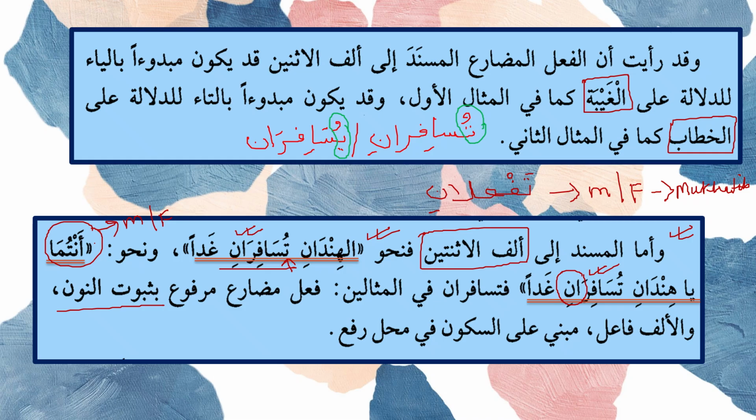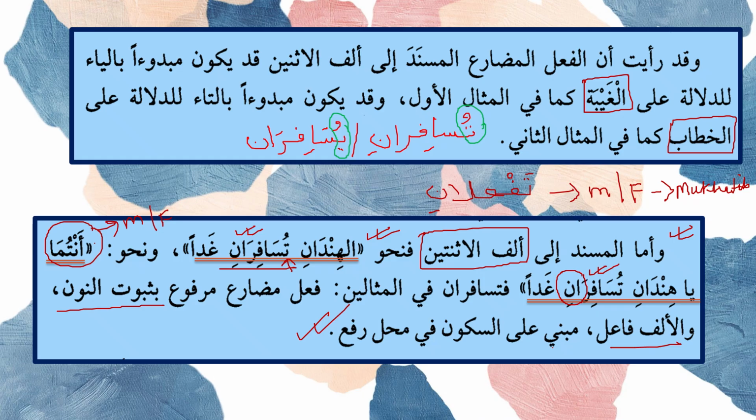And you have to explain what is aliful ithnain. The alif is representing the fa'il, and it is mabni ala sukun, as I've already explained why it is said mabni ala sukun fi mahall raf'. So this is the i'rab that you have to follow whenever you come across a present tense in the ayah.